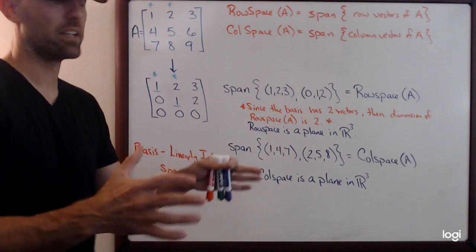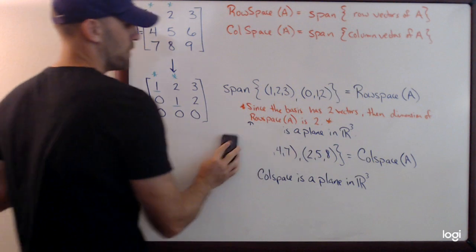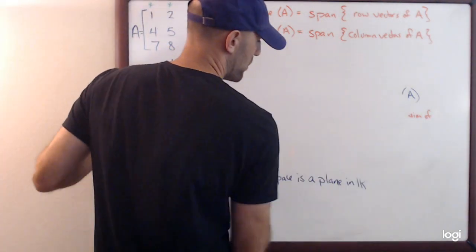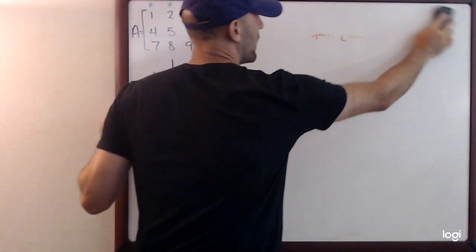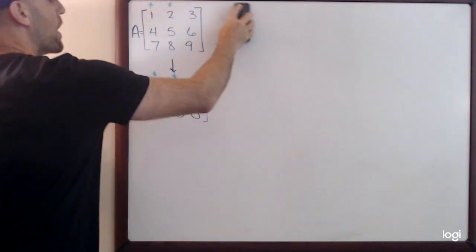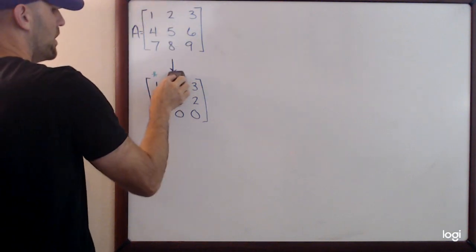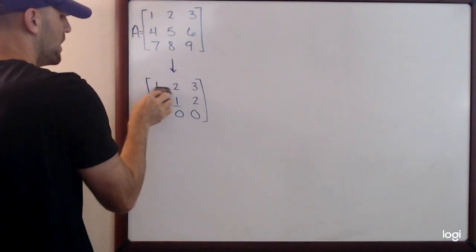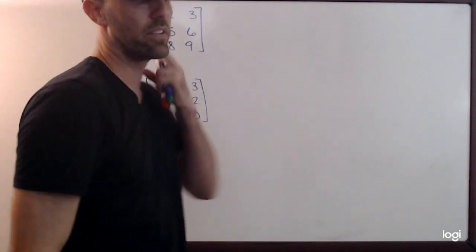You know, I did skip over the null space here, right? Well, let me give you a definition for the null space, and then after I do that, we'll talk about how to find it. Oddly enough, we're still going to use row echelon form here. So I'm just going to leave this computation up, just because it's a little bit easier.